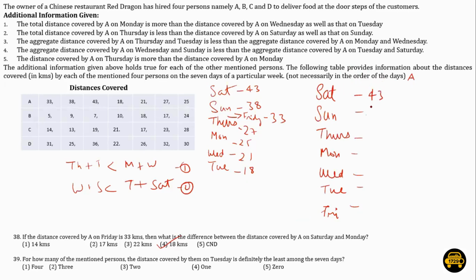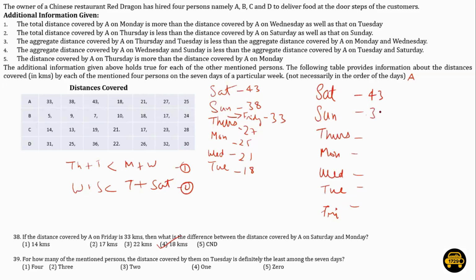And then we'll check for the inequalities. If both the equations are satisfied, keeping Friday the least, then for A, Friday can be a day where the least distance was covered. If any one of these equations is not satisfied, then Friday cannot be the day in which the least distance is covered.